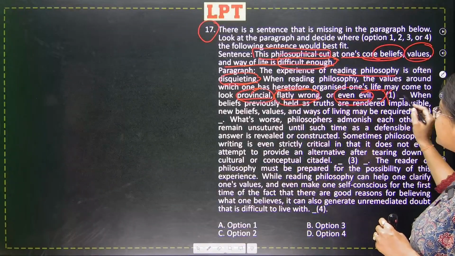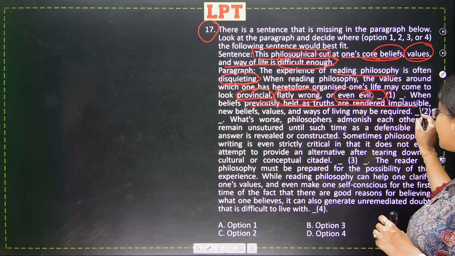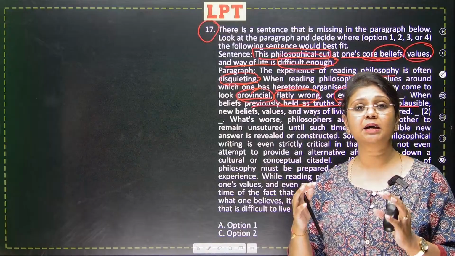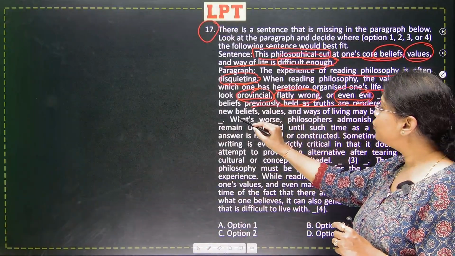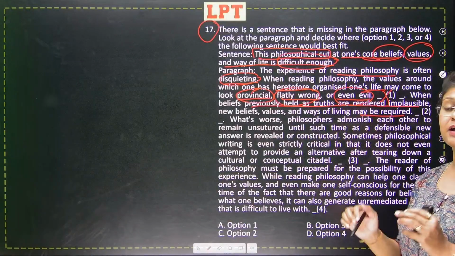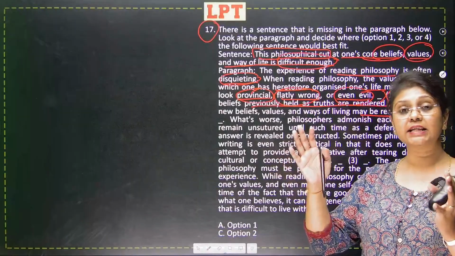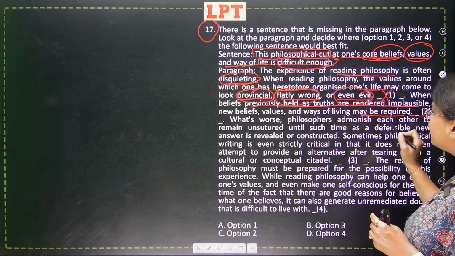Now, when beliefs previously held as truth are rendered implausible, implausible is something that is not reasonable, new beliefs, values and ways of living may be required. Now if you observe this sentence, this tells you about a kind of shift. Okay, then you have a blank over here.